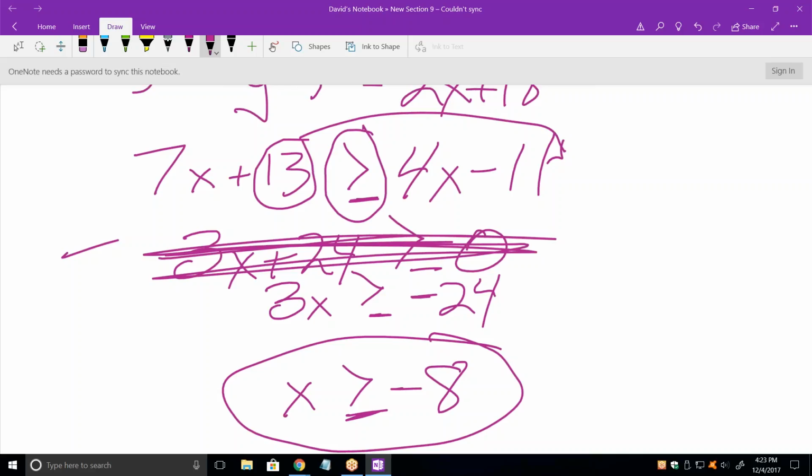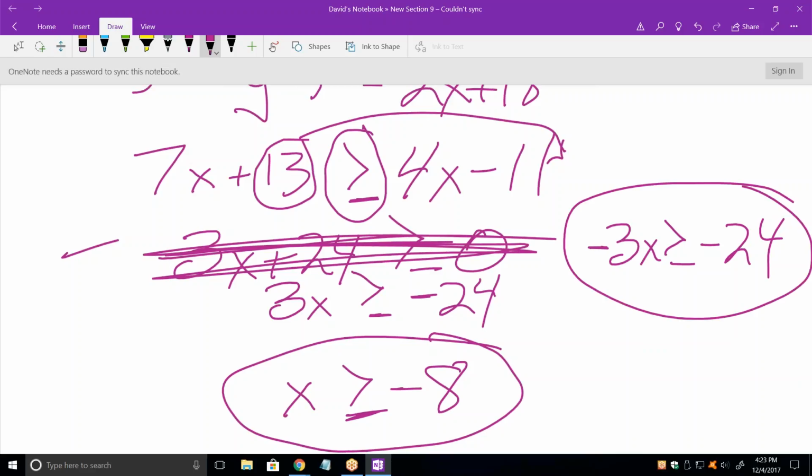So if I had come up with this, minus 3x is greater than or equal to minus 24, solve that. Separate problem, totally different, but how would you solve this? So would you just divide it by 3? You got to divide by that entire coefficient, not just part of it.